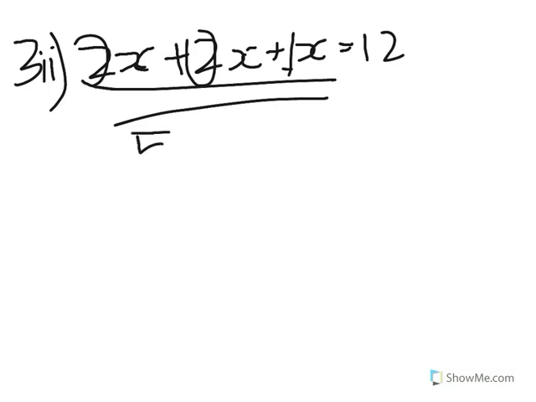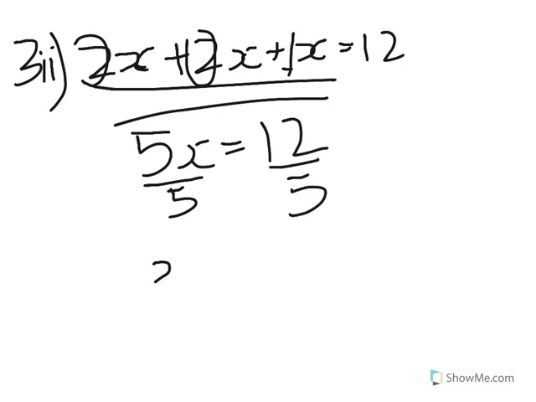So it's just 5x is equal to 12. Now to get x alone, we divide both sides by 5 since it's an equation. So that becomes x, 5 and 5 cancel, and we have x is equal to 12 divided by 5. And 12 divided by 5 is 2.4. So x is equal to 2.4.